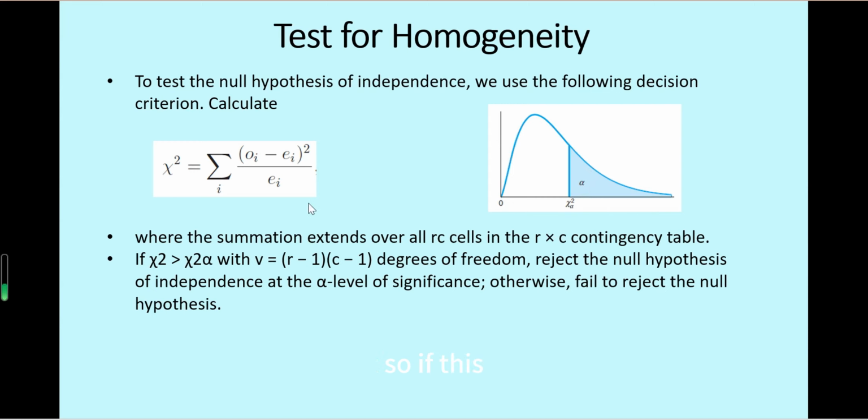If this test statistic is larger than this critical value, we will get a smaller p-value. Then we will reject the null hypothesis, or say the test of homogeneity is significant at the 0.05 alpha level.